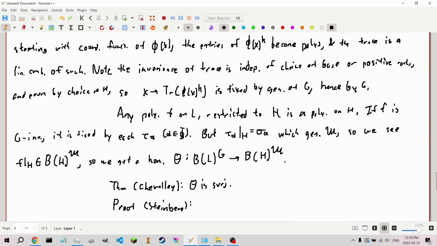Now we can just show that each symmetry of H is in the image of our theta.